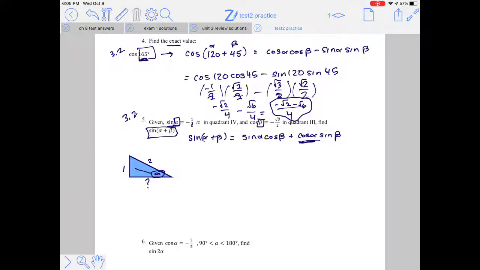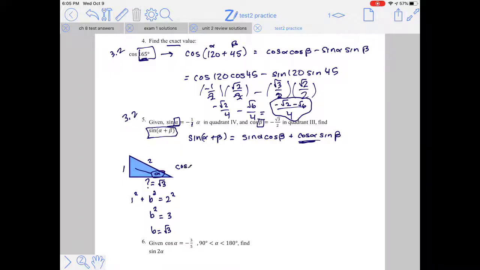So yeah, we're going to have to use the Pythagorean theorem. 1 squared plus b squared equals 2 squared. So b squared equals 4 minus 1, which is 3. So this side here is the square root of 3.